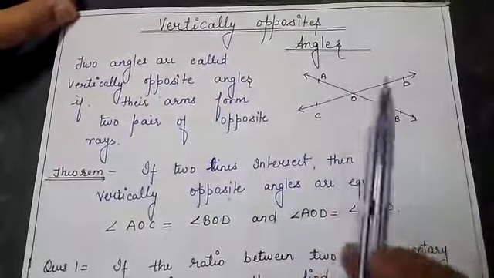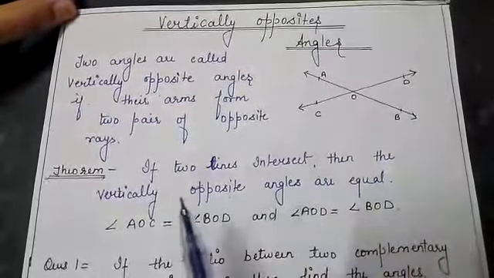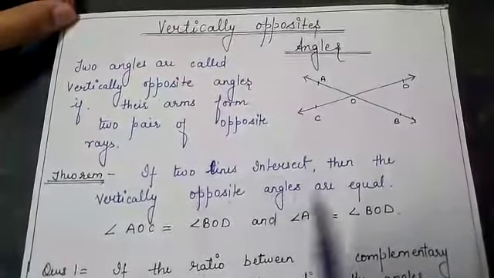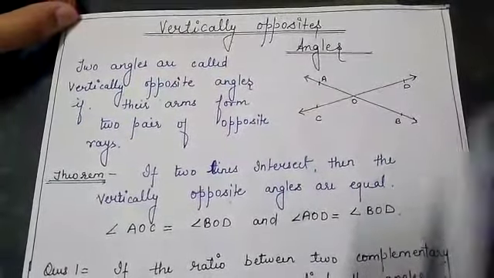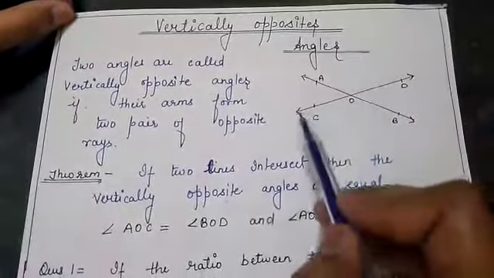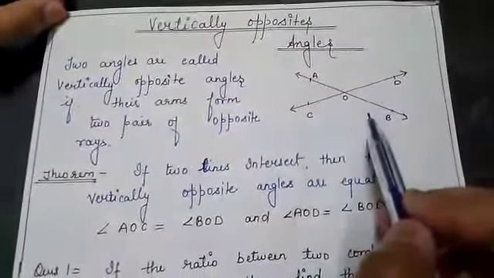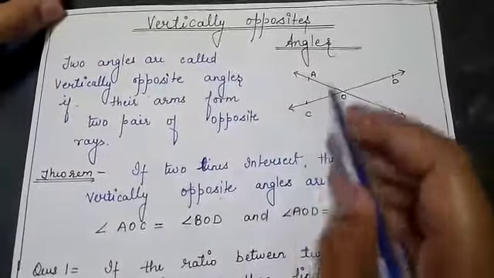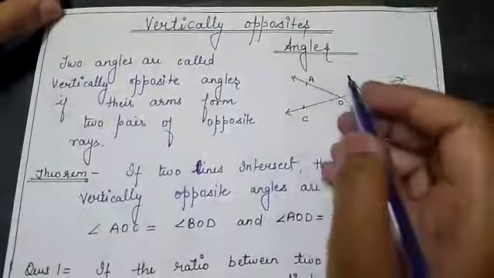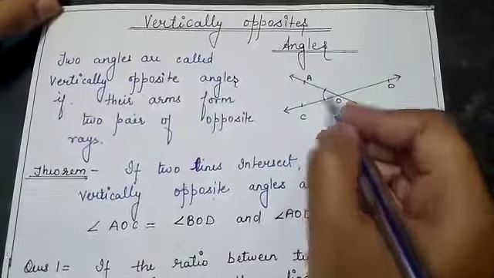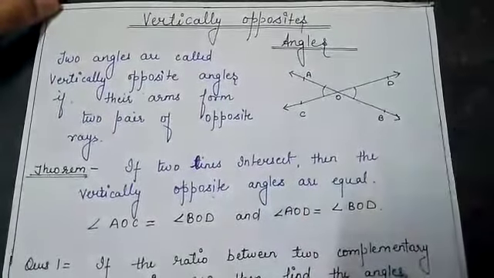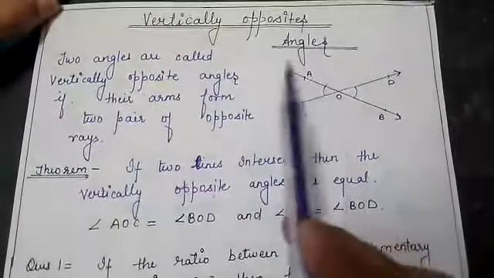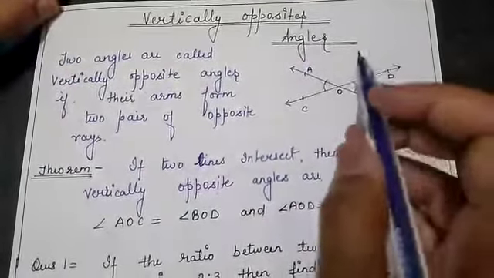The theorem based on vertically opposite angles is: if two lines intersect, then the vertically opposite angles are equal. So see here, these are two vertically opposite angles, and angle AOC, this angle and this angle are equal because the lines intersect.